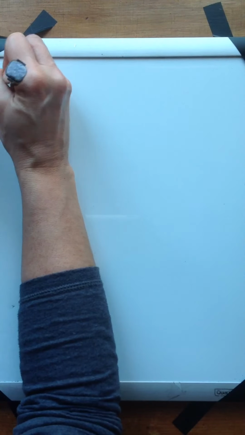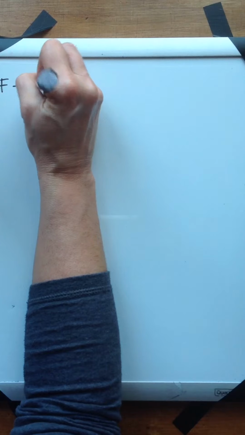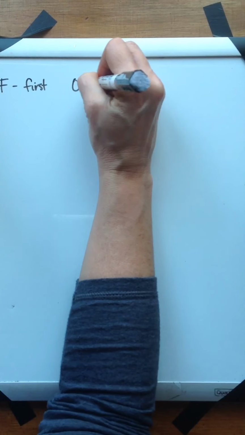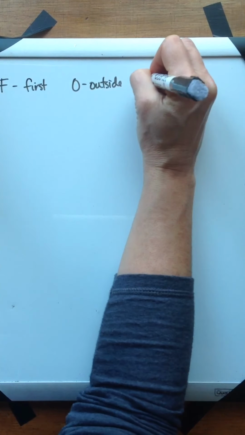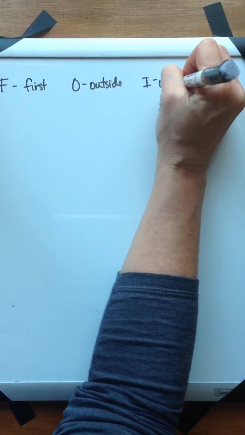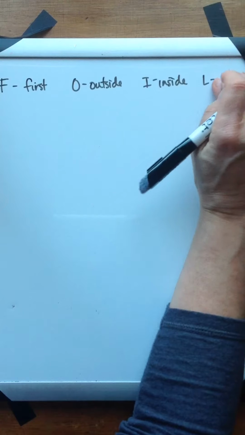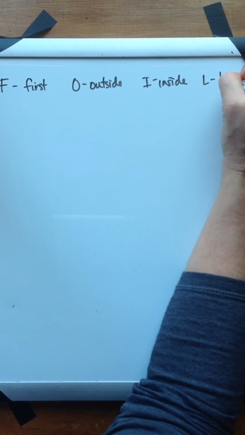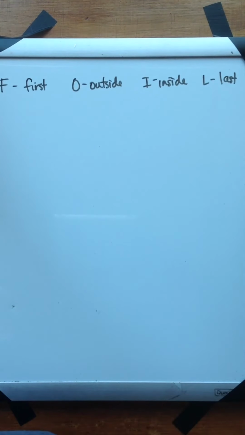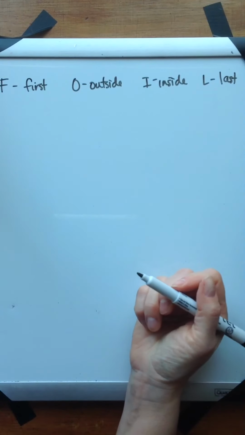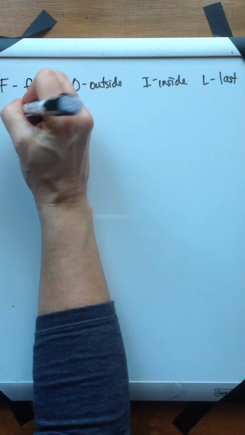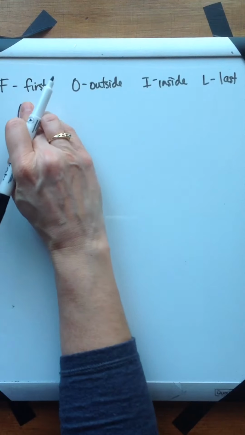So in the acronym FOIL, F stands for first, O stands for outside, I stands for inside, and L stands for last. So how could FOIL help us multiply 2x plus 3 by x plus 1? Well, here's how we could do it.